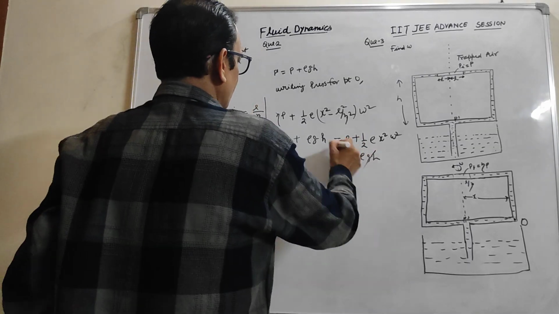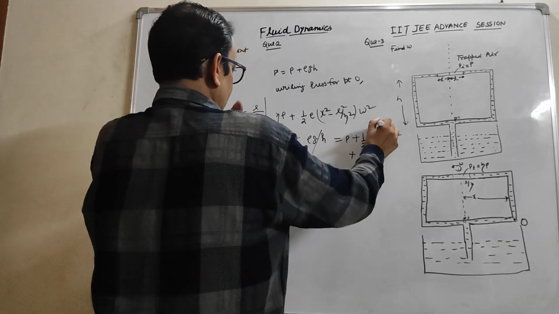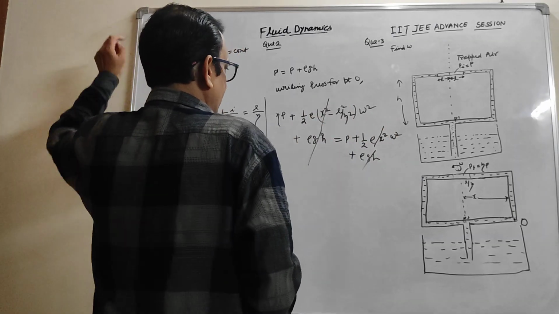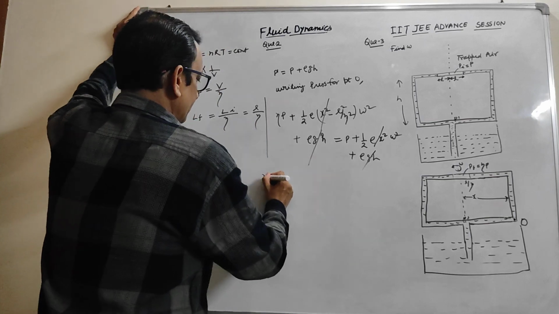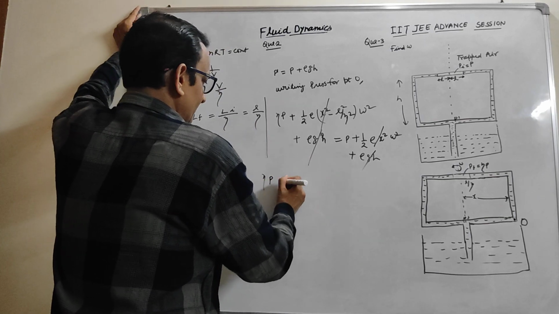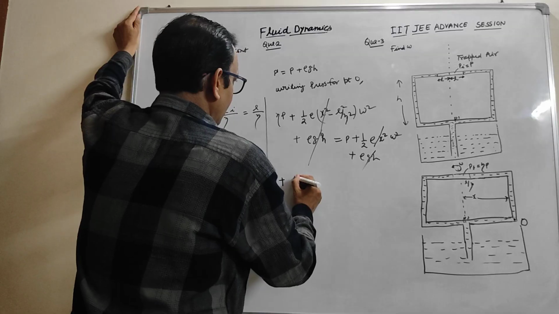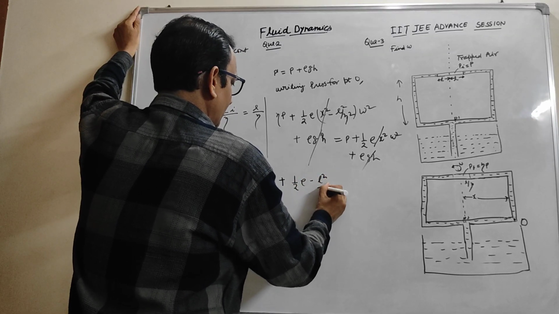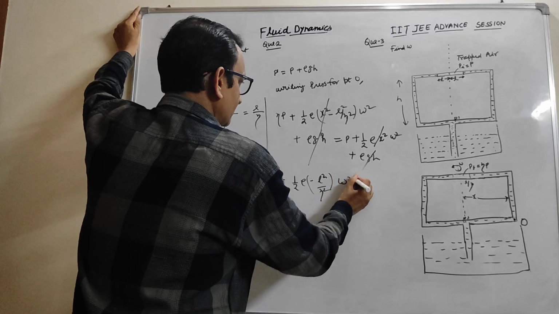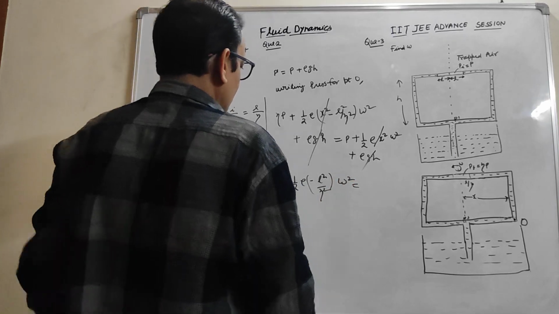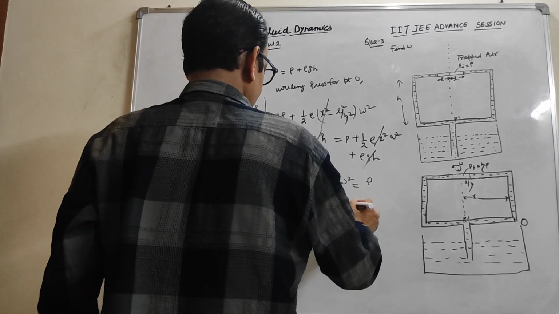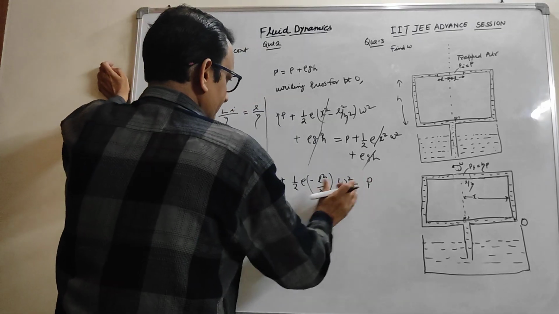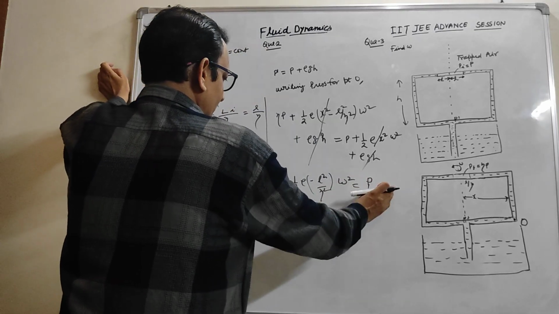So rho gh cancels out, and the rho x square omega square term also cancels out. So this becomes P plus half rho (eta square minus L square) omega square is equal to P eta. So we have to find the value of this term and this term.